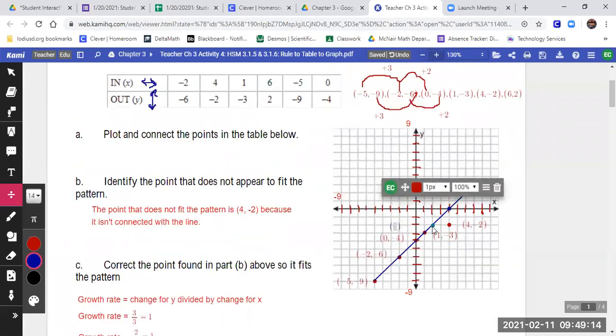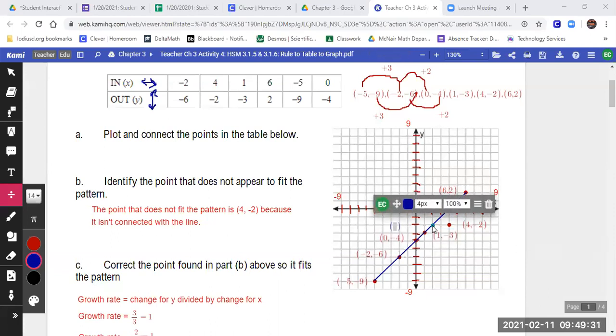So we're talking about this blue, the bottom blue. What would its coordinate be? 2, -2 is a possible alternative that fits the pattern, right?